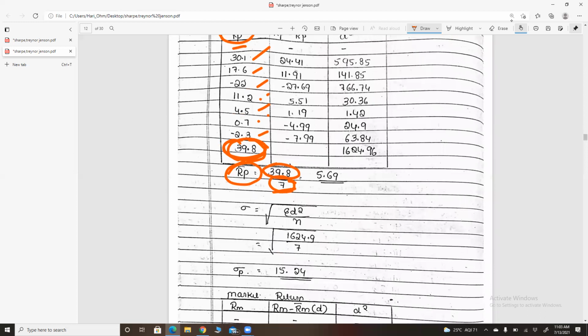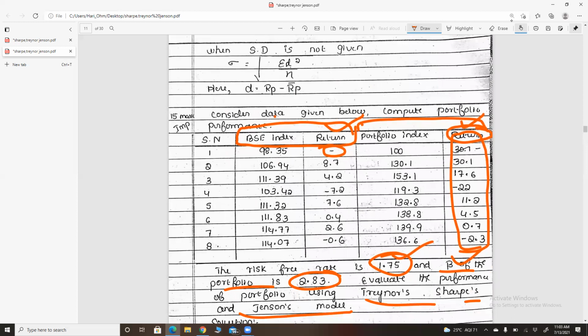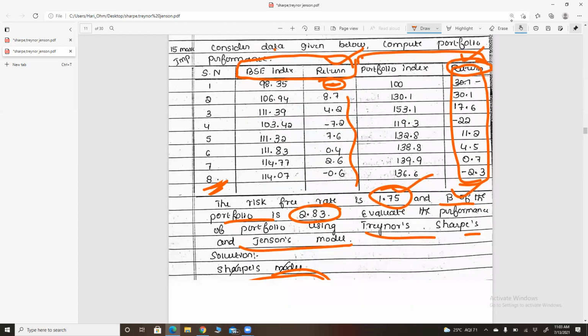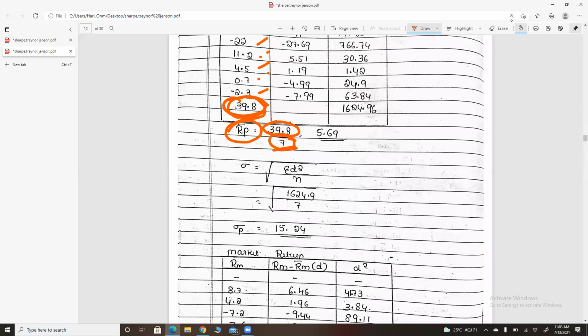Don't take the serial number directly, because the first one is nil, so only 7. Hope you're clear. So n is 7, and the answer is 5.69. That is the return of the portfolio. You take R bar p as 5.69.